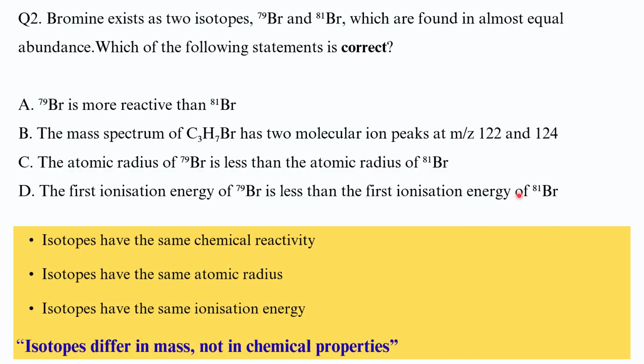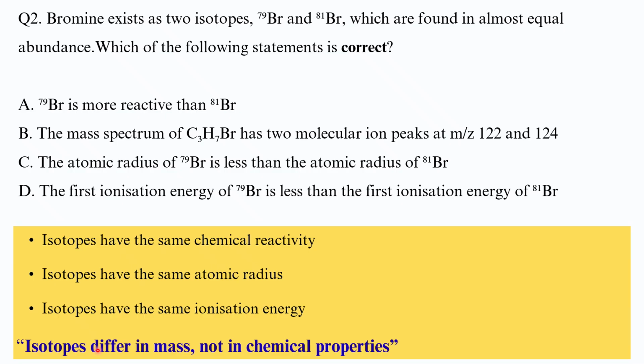Well, when we talk about isotopes, always remember that they have the same chemical reactivity and the same atomic radius. Why? Because their electron number is the same. Since their electron number is the same, they will have exactly the same size of atom. And since they have the same size of atom, there is no difference in the ionization energy.